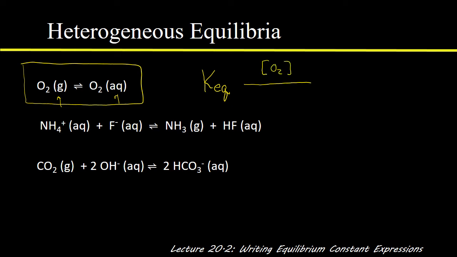So that's the molar concentration of O2 in the solution. And our reactant is gas phase O2. So for that, we would put the partial pressure of oxygen. All right. Go ahead and write equilibrium constant expressions for the other two, and then we'll compare our results.